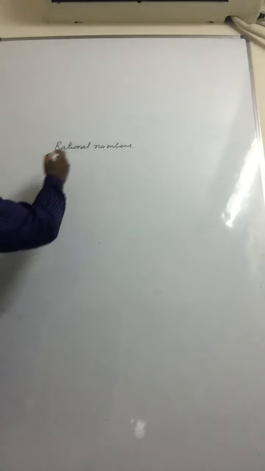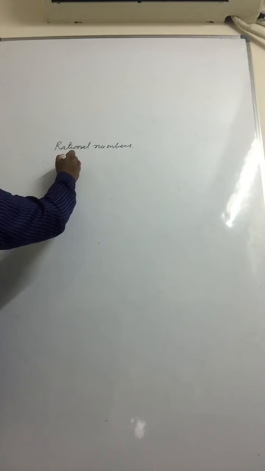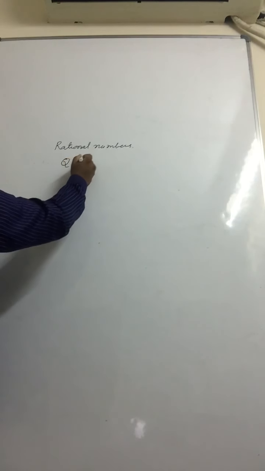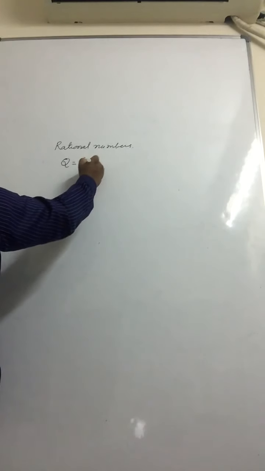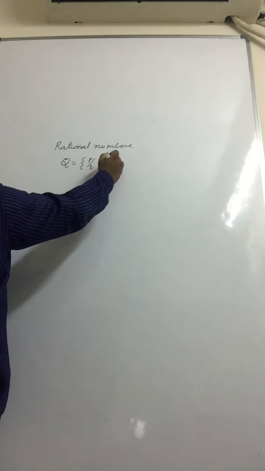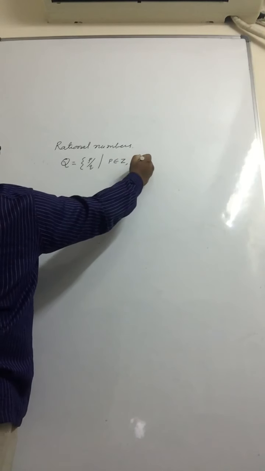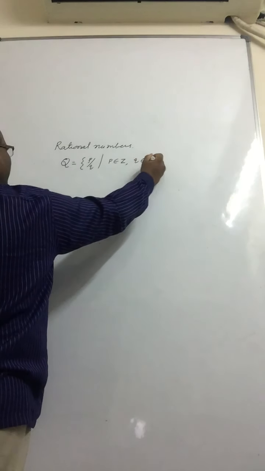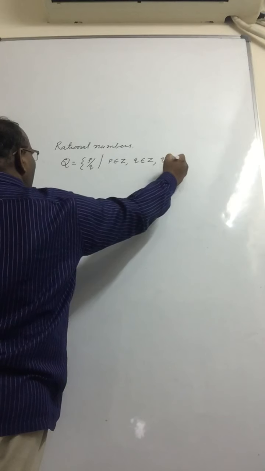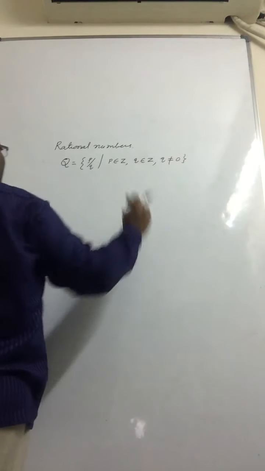Rational number, how is it defined? It is denoted with the letter Q. Set of all numbers of the form p by q, where p is an integer, q is also an integer, but q is different from 0.